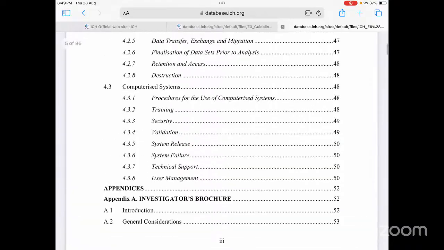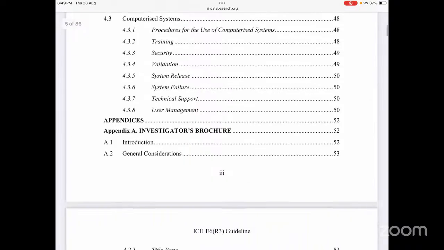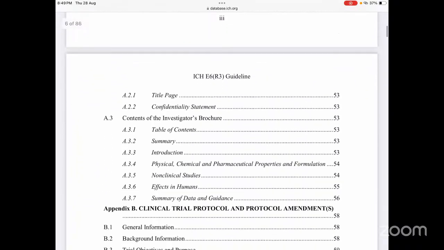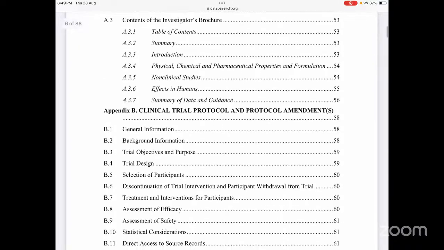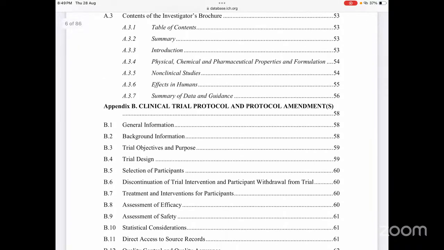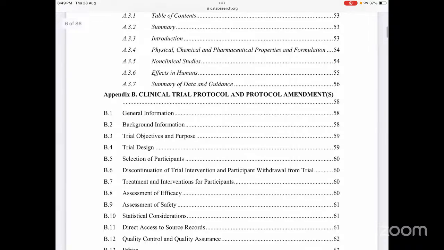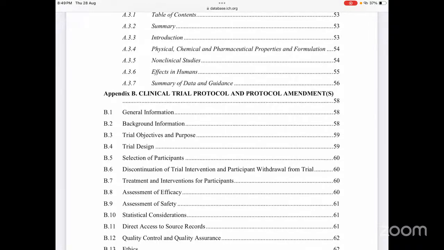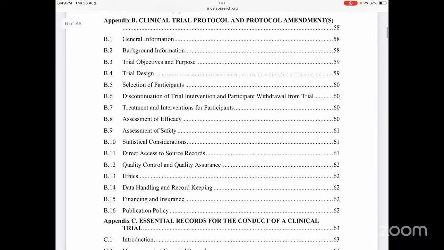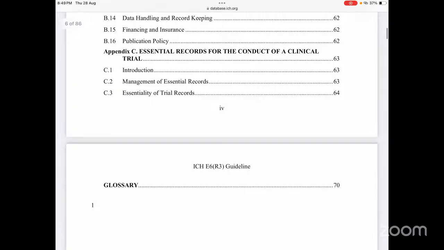What I used to do till now is download these six guidelines, because we can't remember everything. Whenever I feel stuck, for example if I need to know about transparency as a core principle, I go back here. Suppose I wanted to know something on a protocol, and I don't know in which section it is. See all the sections they have given: assessment of efficacy, assessment of safety, statistical consideration, everything is here.